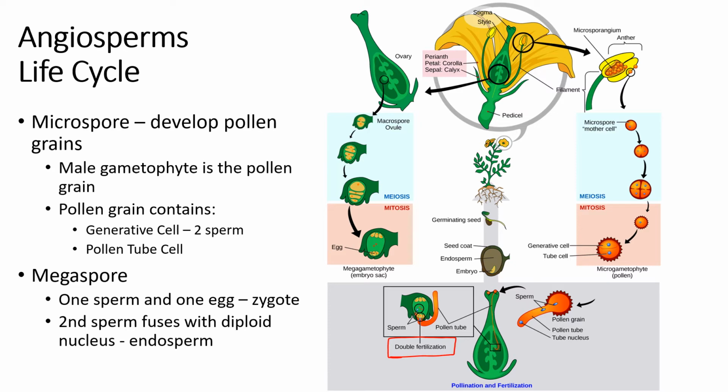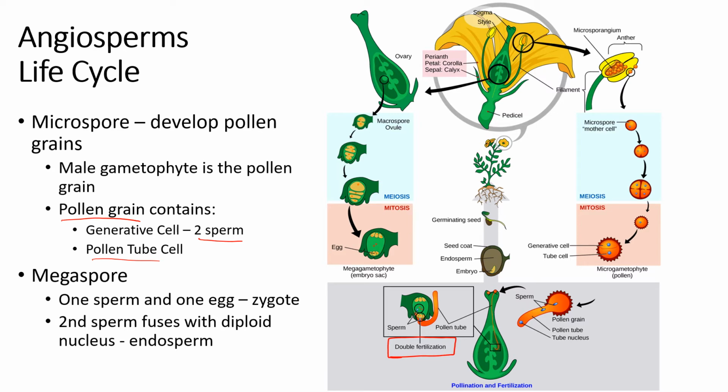But I do want to point out that because it has double fertilization, the pollen grain, which obviously is the male component, actually has something called a generative cell, and this produces two sperm. It still has the pollen tube cell to develop that pollen tube to grow down to fertilize the egg.